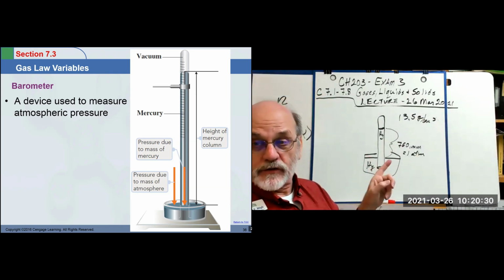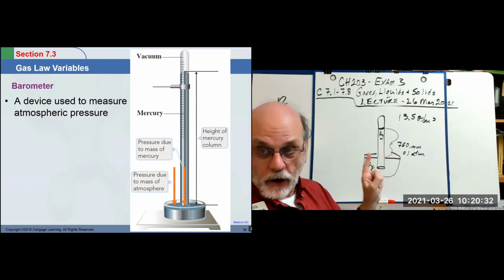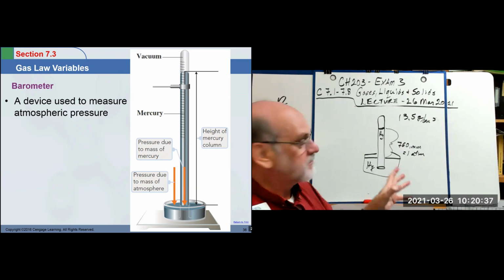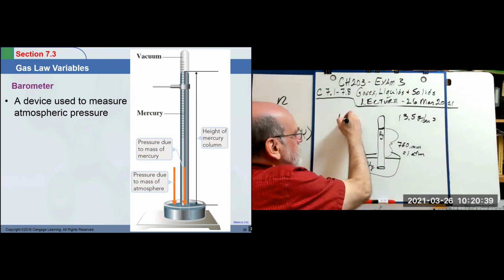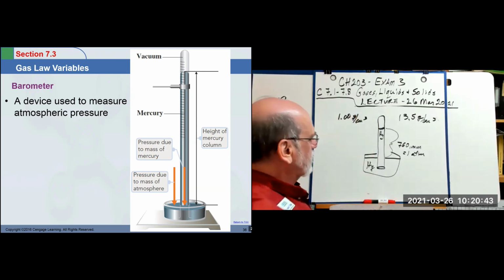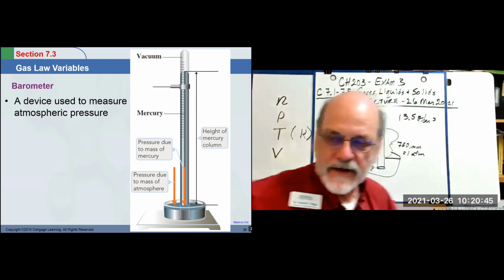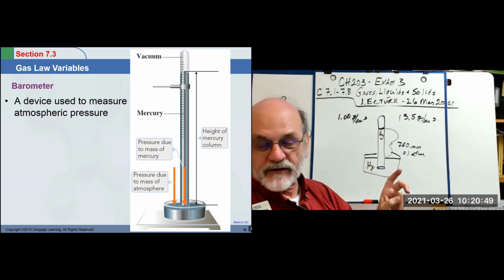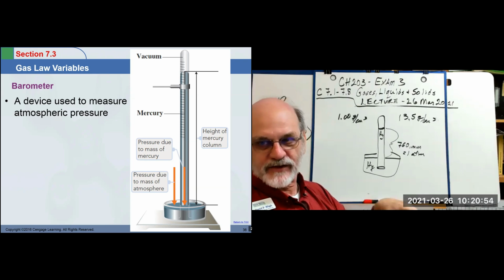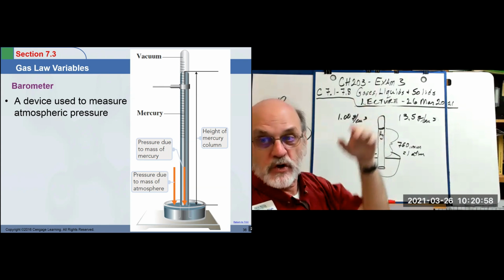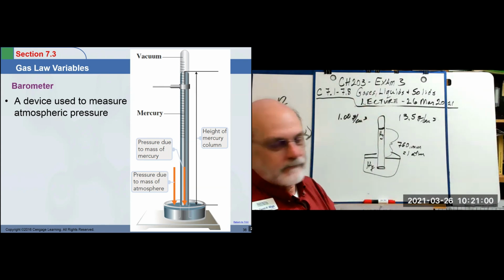If he had used water in his barometer, a simple calculation, water is 1 gram per cubic centimeter. If he had used water, his glass tube would have to be in the neighborhood of 33 feet long, right? That's unwieldy. So he reasoned with a denser liquid, he could use a shorter tube. So that's what he did.